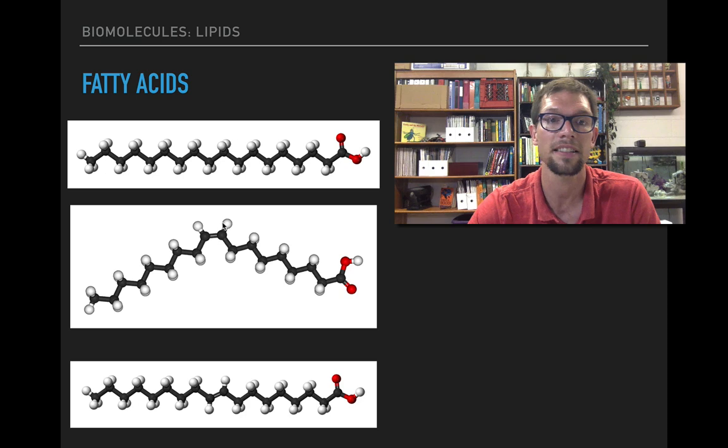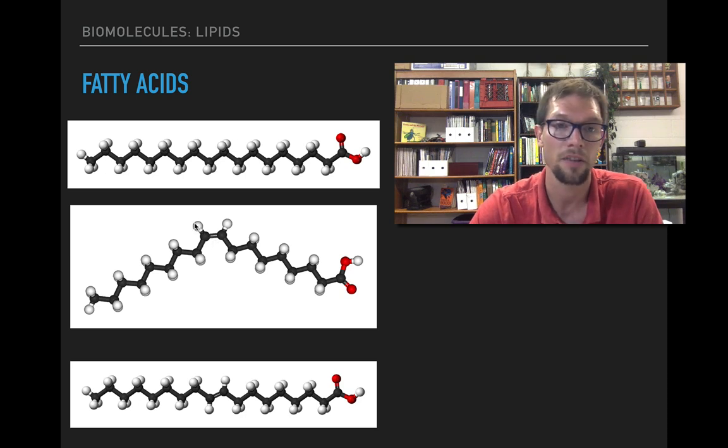You can have it cis, so you can notice that the two hydrogens here are sticking out on the same side. You can't rotate between the double bond, so it's stuck in this configuration. Or alternatively, if you have it so one of the hydrogens is pointing in the other direction from the other one, you can have a trans fatty acid.